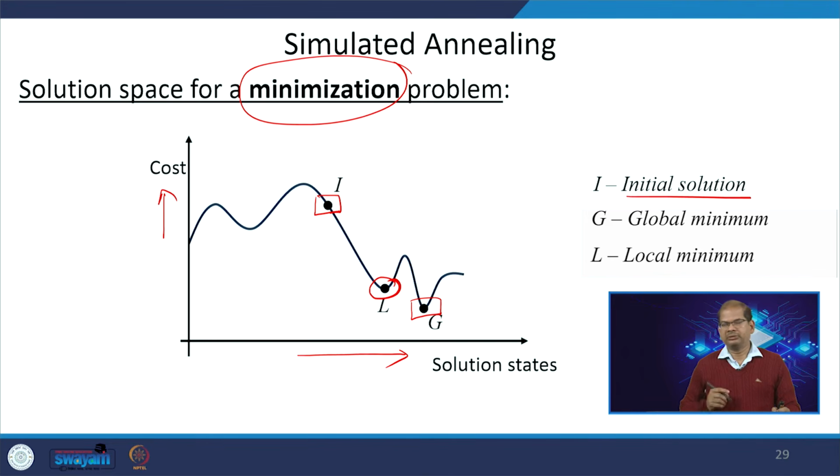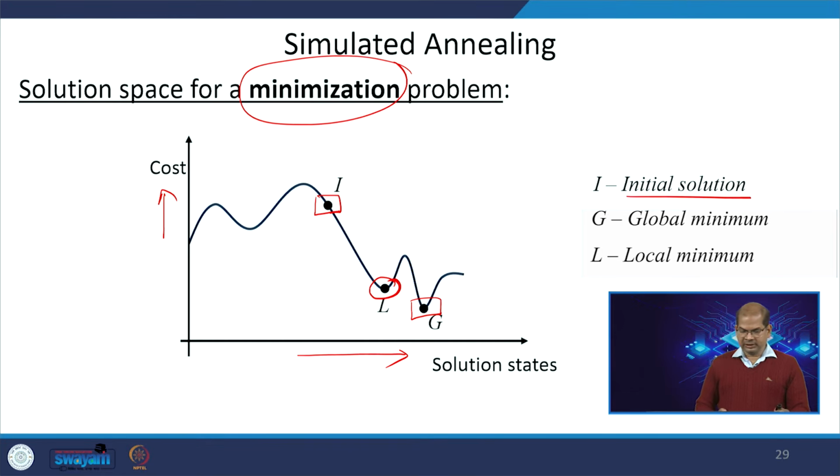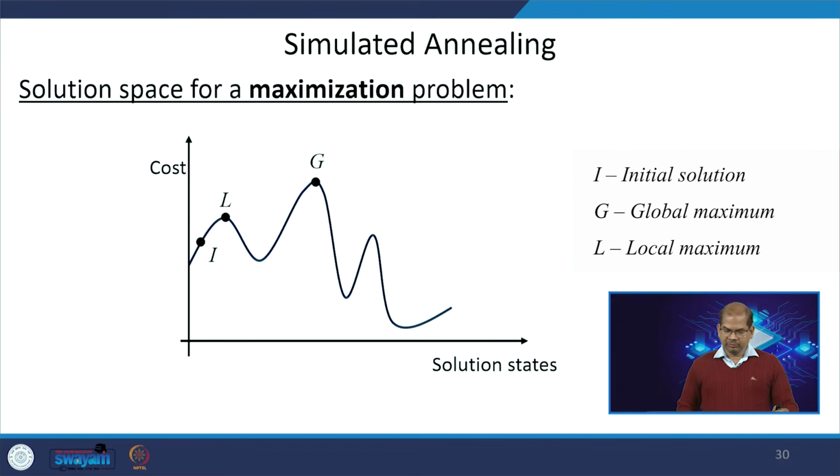But in simulated annealing, it can accept a solution with inferior cost, but it has a hope to get a global solution in future. That is the main objective of simulated annealing. This is for the minimization problem, and this is for the maximization problem.